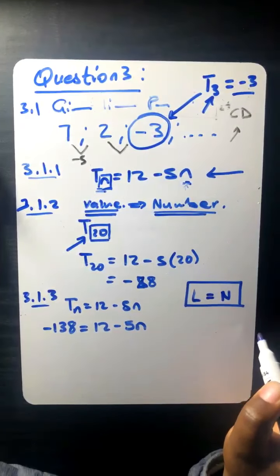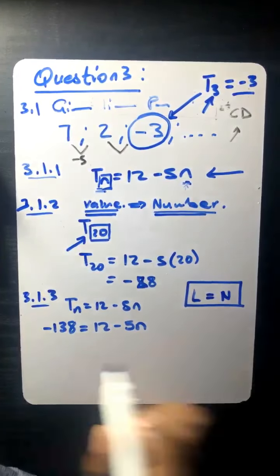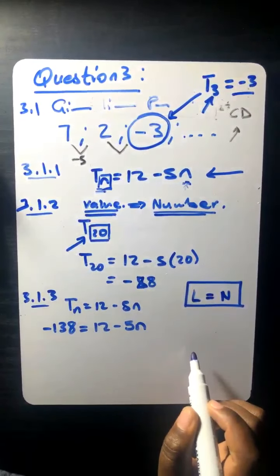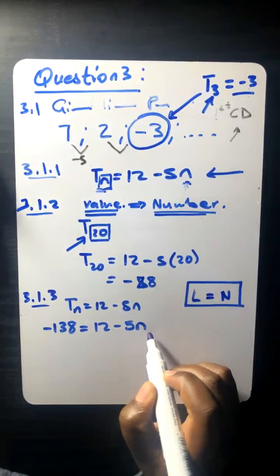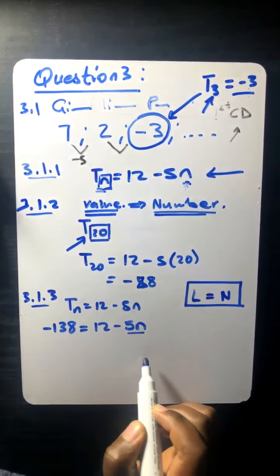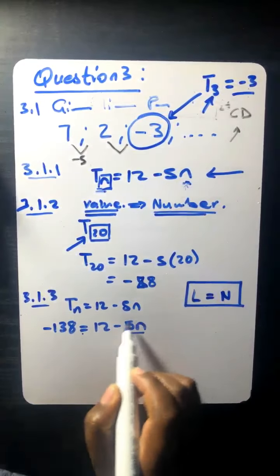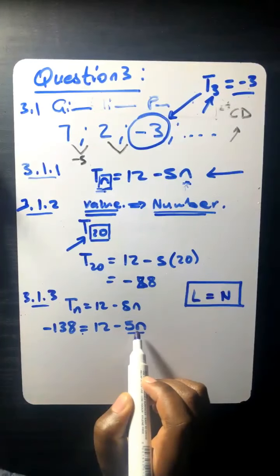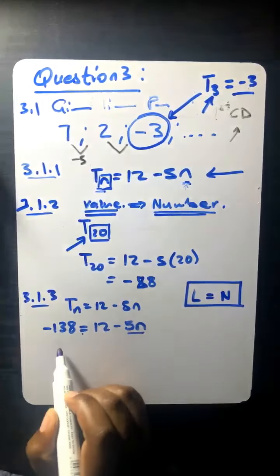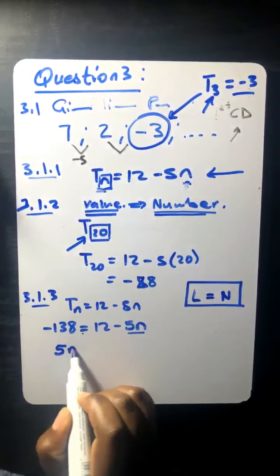Someone in grade 10 might not really know how to approach this, but the song says all the letters to the left. Can you see we have a letter on the right side of the equal sign? We don't want it on the right, we want it on the left. So let's move it. But remember, when you transpose, it changes the sign. It's currently a negative sign, so it's going to be a positive n.